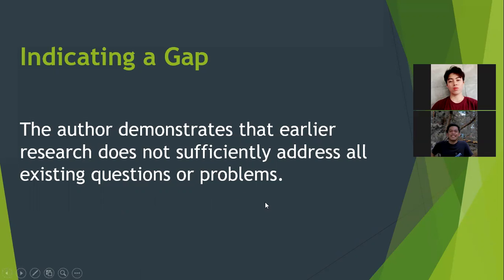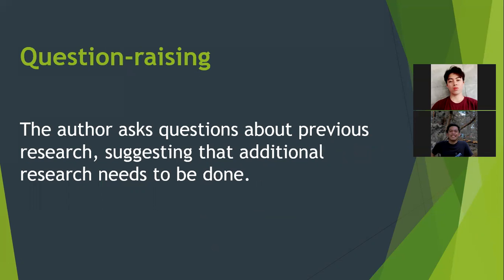But you need to provide what spells the difference between your study and the pre-existing studies. What are their limitations? What's the part or which areas that they were not able to fill in or address? So that's what you're going to indicate in your research: the gap or the problem.